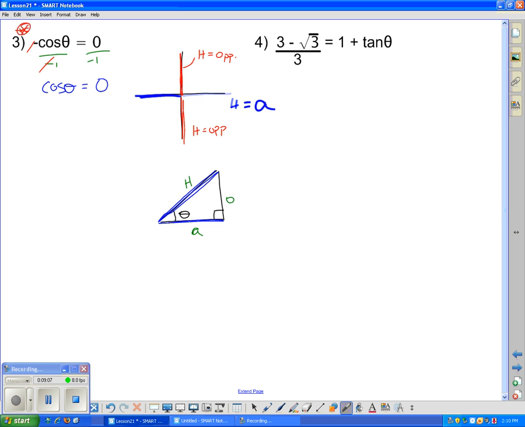We want the adjacent to be 0. And here, hypotenuse equals adjacent as well. So I'll just put in brackets underneath: adjacent equals 0. So there's the two angles. The first one's 90 degrees, and the second angle, when you go all the way around, is also a right angle, at 270 degrees.